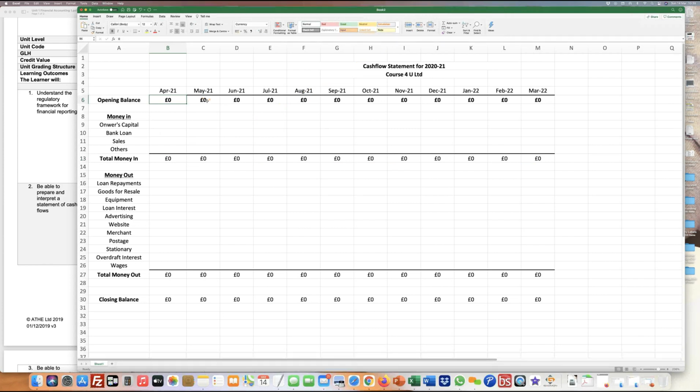The opening balance being zero, if anything is put in here, obviously the next month's balance would increase with the previous month's balance. They have been totaled up in this particular column. And when we look at the total money going out, again, the totals of all the activities for which the money is being spent from the company have been totaled up for the year. The closing balance will ideally be the opening balance plus the money coming in that month less the total outgoing of that month, and that will give us a closing balance in terms of the cash flow statement.